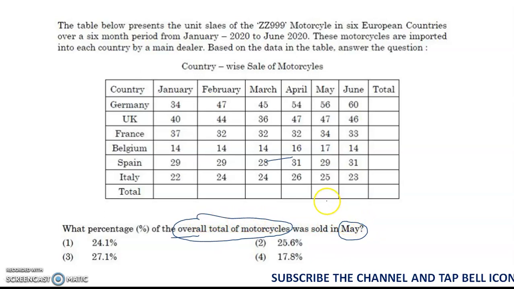If you check, in the month of May the total number of imports from all the 6 countries is 208. So in the month of May 208, and the overall total of motorcycles is 1166. Then 208 is how much percentage of 1166? That means 208 divided by 1166 into 100. Calculate this one, because the total is 1166, right?